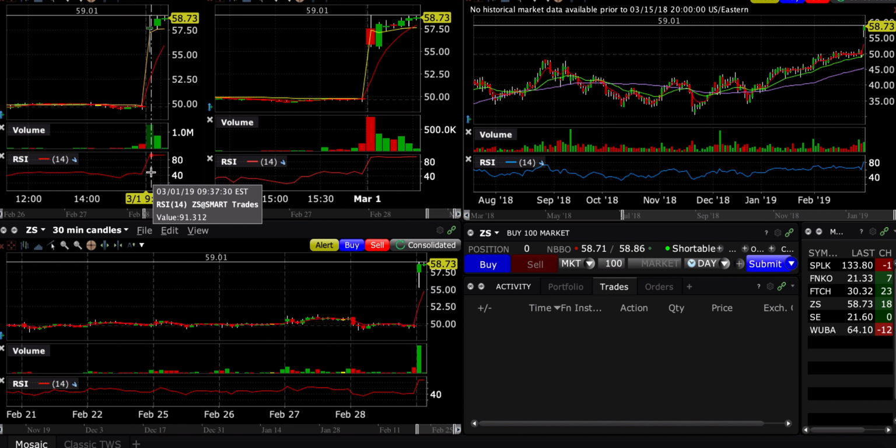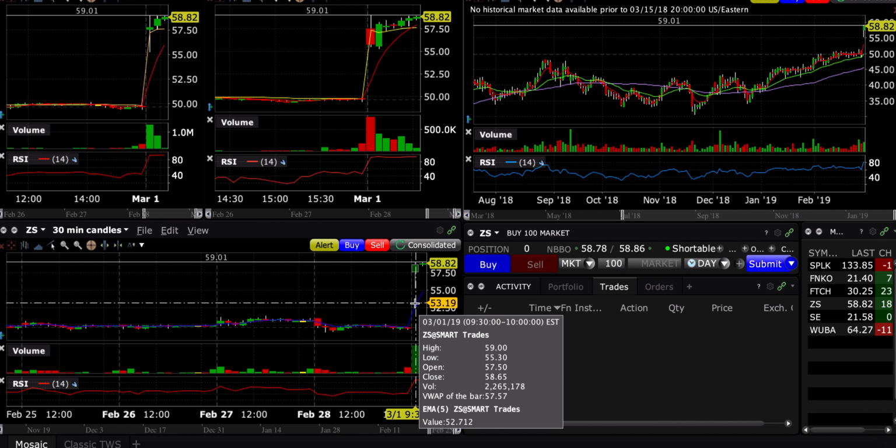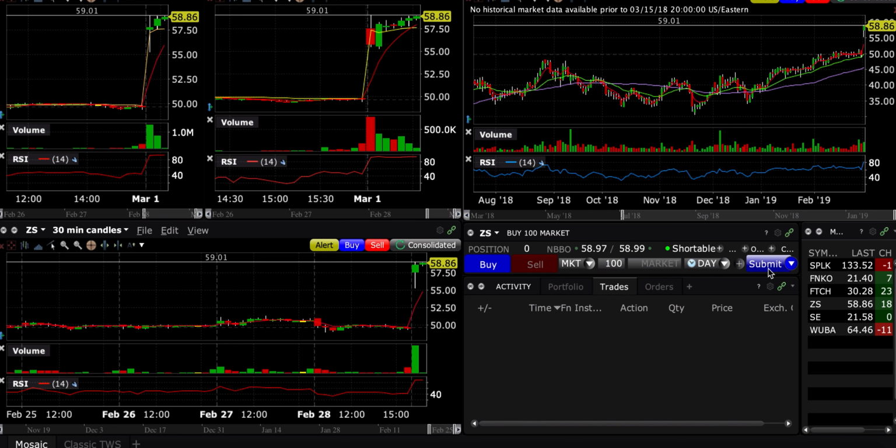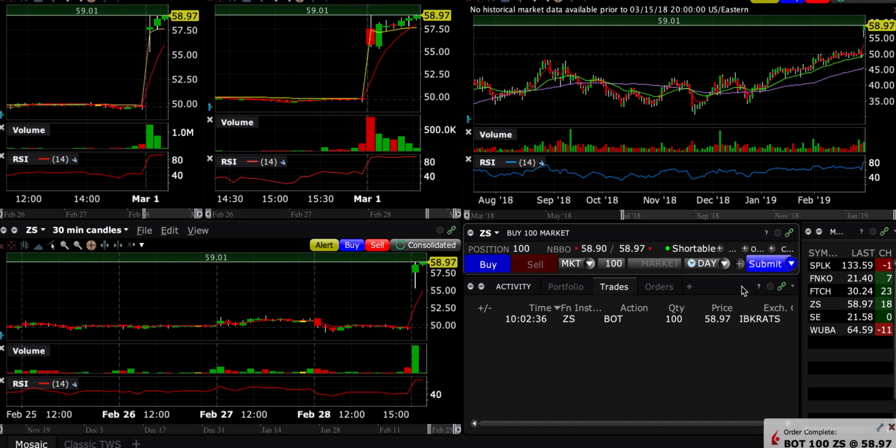I'm checking the RSI levels to see if anything is going to match up. And once I see the stock starting to speed up towards 59, right, that's when I got in the trade.